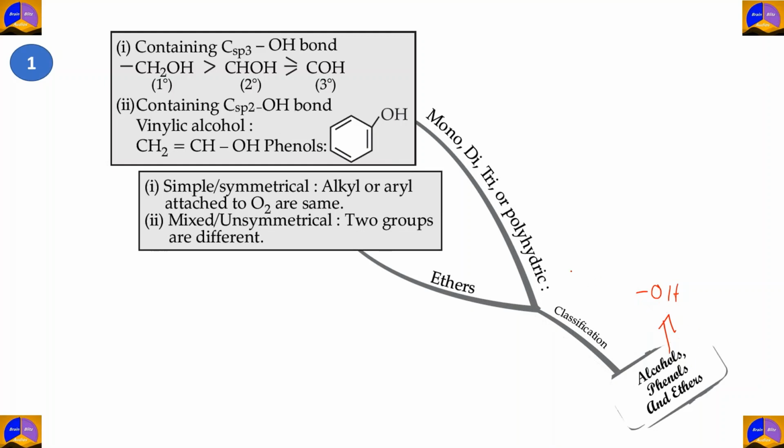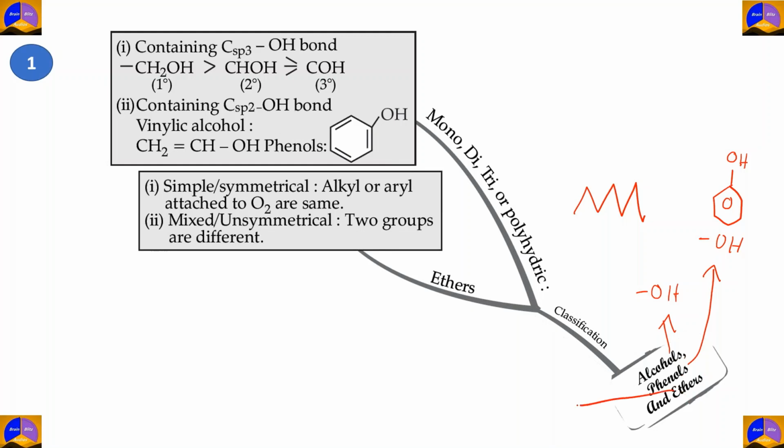And the compound is aliphatic. So that means it is a straight chain compound, compounds like these. Phenols also contain an OH ending, but they are aromatic compounds. So this is a phenol.